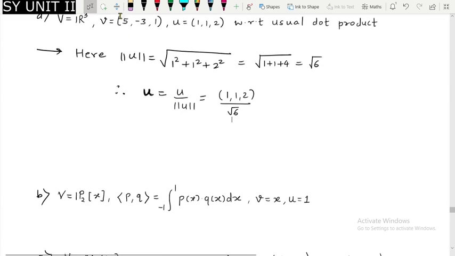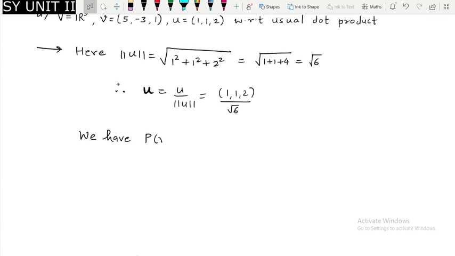So I will say we have orthogonal projection of v on, now this bold u, so that you can understand, is equal to inner product of v with u outside the bracket u, which is equal to, so what is my v? My v is given to be (5, -3, 1). What is my u? My u is (1, 1, 2) upon under root of 6.